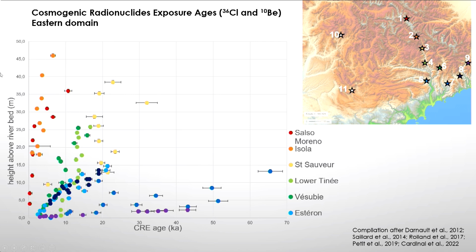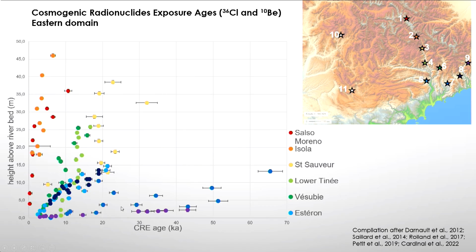As you can see on the left figure, on the x-axis you have the exposure ages in thousands of years, and on the y-axis you have the altitude of the sample above the riverbed, so that the slope, if you can draw a slope like it's possible, for instance, here, is just the river incision rate.